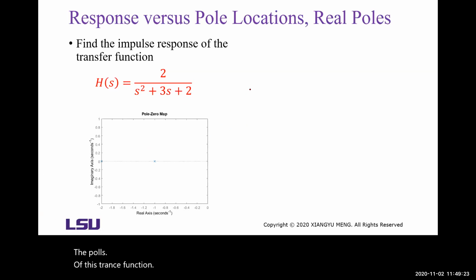To find the poles, we can write the denominator s squared plus 3s plus 2 as (s + 1)(s + 2).